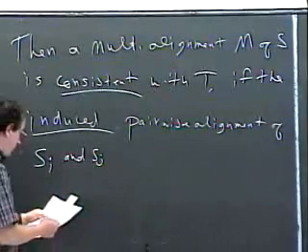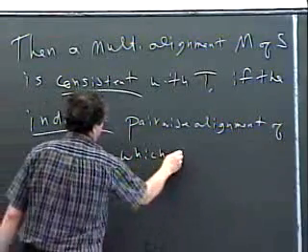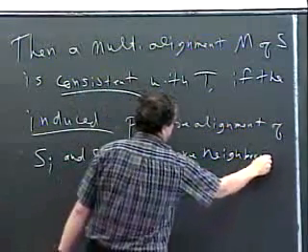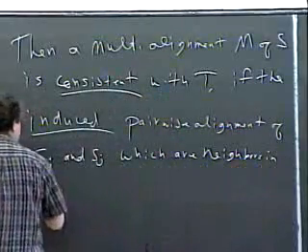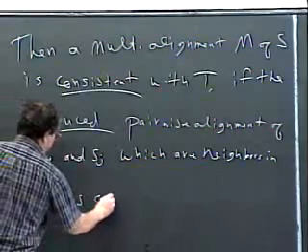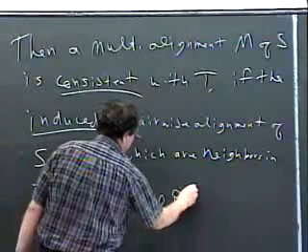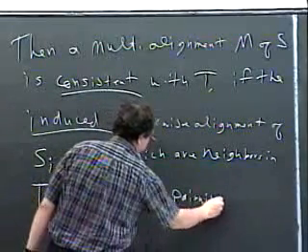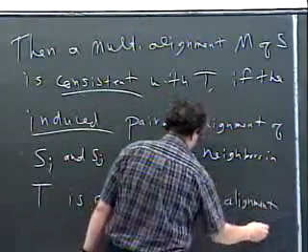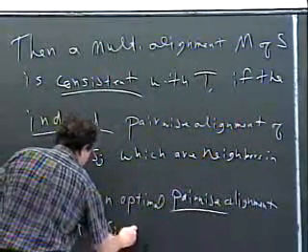Alignment of SI, SJ, which are neighbors in T, if that induced alignment is an optimal pairwise alignment for SI and SJ, sorry.